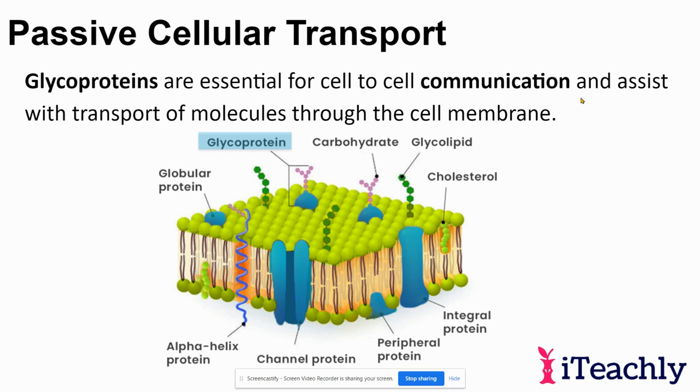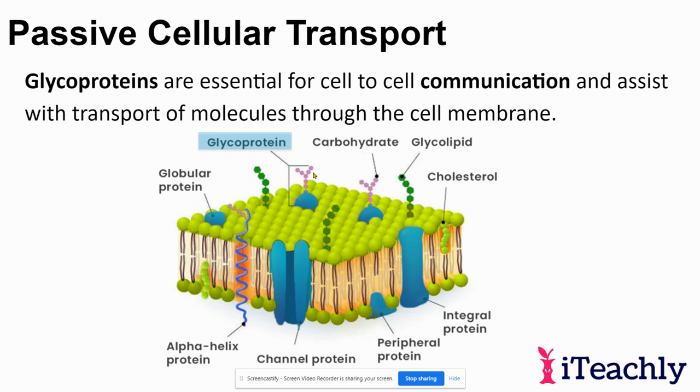Glycoproteins are essential for cell-cell communication and assist with the transport of molecules through the cell membrane. So this is how they communicate. This is a protein and it has a carbohydrate on it. Generally, these have a certain branch or something.